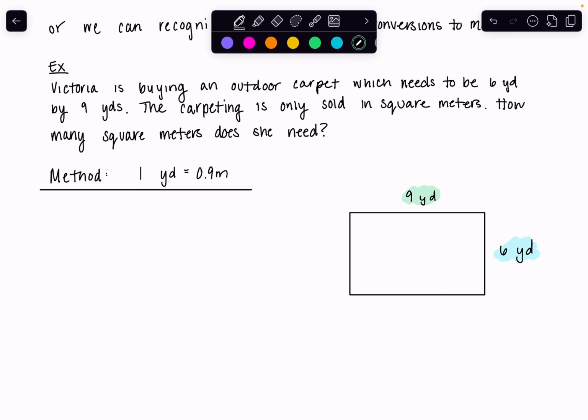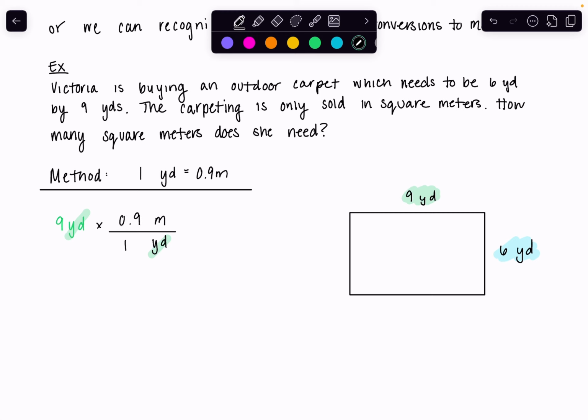Okay. So just to fill in, we're starting with 9 yards, and I want to convert this to meters. So to get rid of the yards unit, I will divide by yards, which means meter goes in the top. So this way the yards disappears, and I know 1 yard is 0.9 meters.